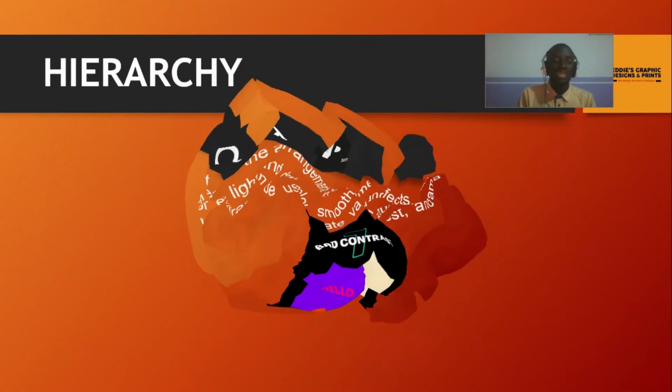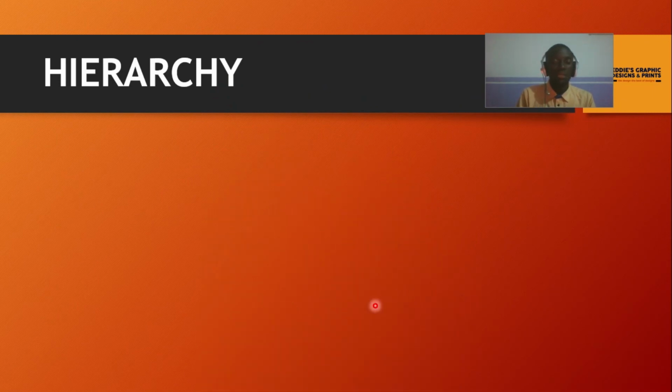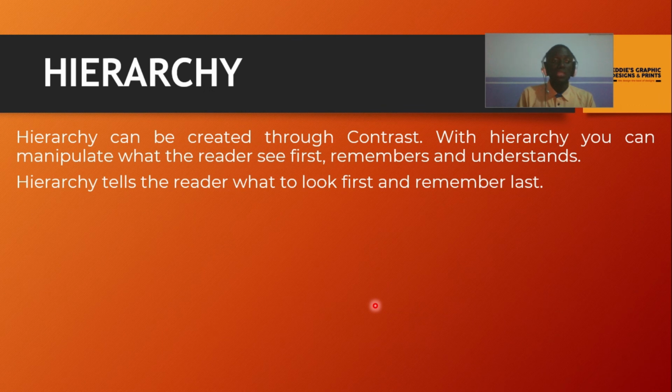Let's move on to the next one, which is hierarchy. This is so amazing. We all know the meaning of hierarchy, right? Hierarchy can be created through contrast. With hierarchy, you can manipulate what the reader sees first, and remembers and understands. So for instance, this YouTube video that you are watching, the first thing that made you click to watch is the thumbnail.